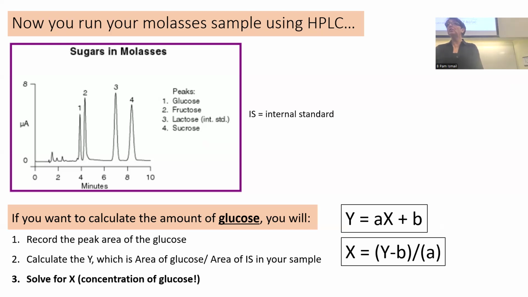So external standards are still needed if you want to do quantification. But internal standard, especially for analyses that have multiple steps, is needed to correct for losses during sample preparation.